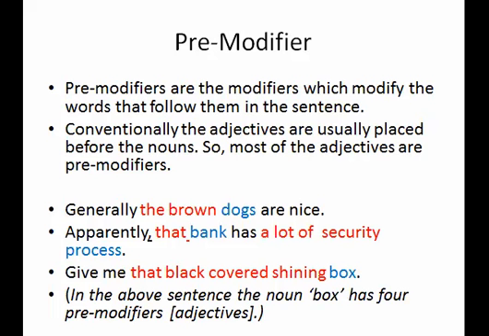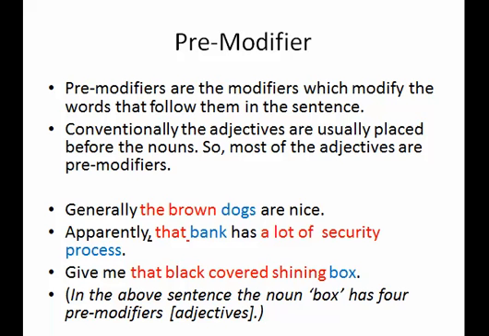Look at these examples. Generally, the brown dogs are nice. The and brown are both modifiers of the noun dogs. Apparently, that bank has a lot of security process. That modifies bank, and a lot of security modifies process.